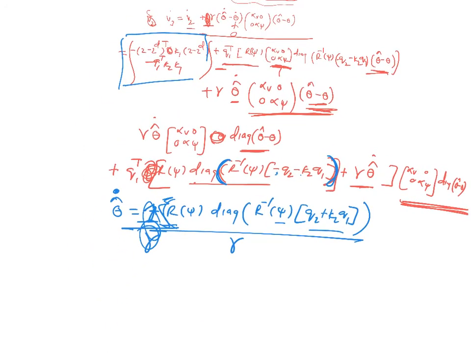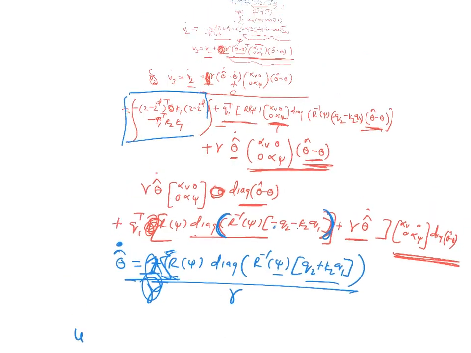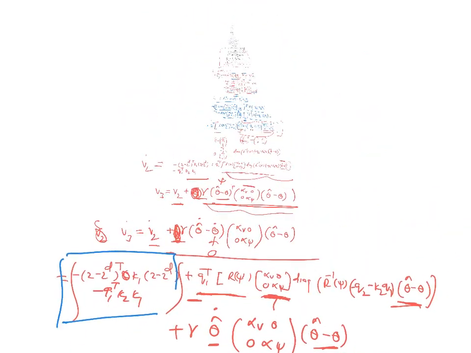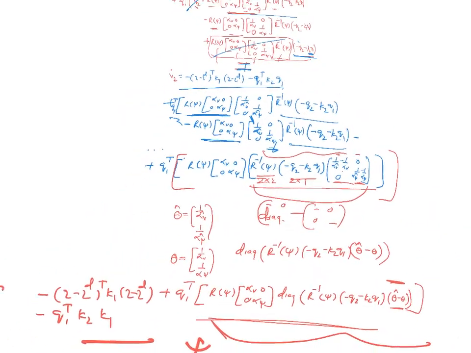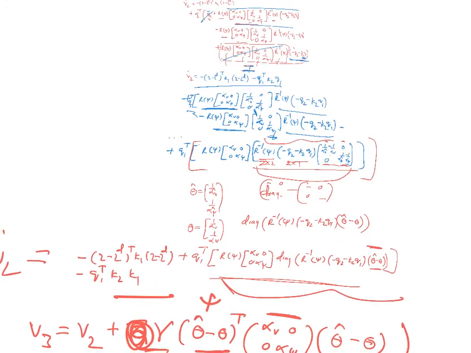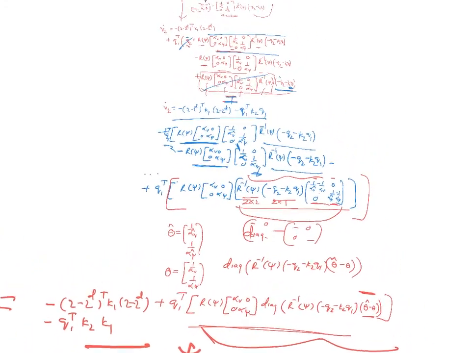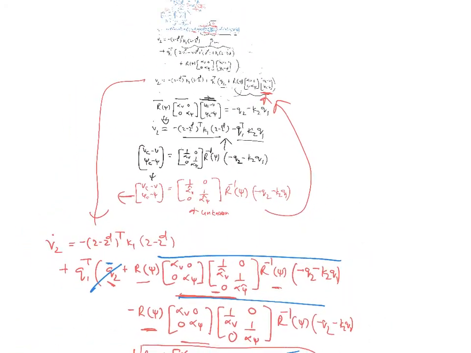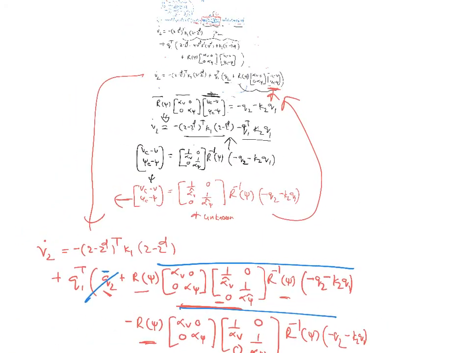So if you see our u was this. This is my controller, right? So and 1 over alpha v and alpha psi hat will be estimated by theta hat dot we just derived, right?